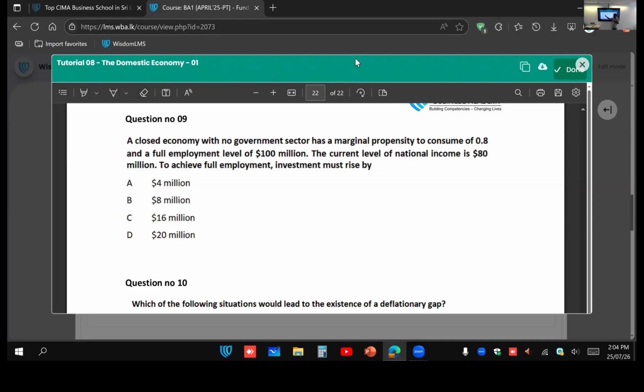The sole formula we had was multiplier equals 1 divided by 1 minus MPC, because they have given MPC. If not, you can take MPS, which is 0.2, because when there is no government sector the sole withdrawal is savings. So accordingly, we can calculate the multiplier is 5.